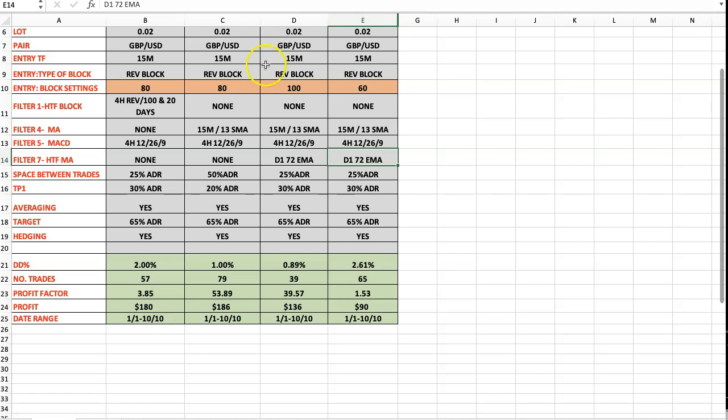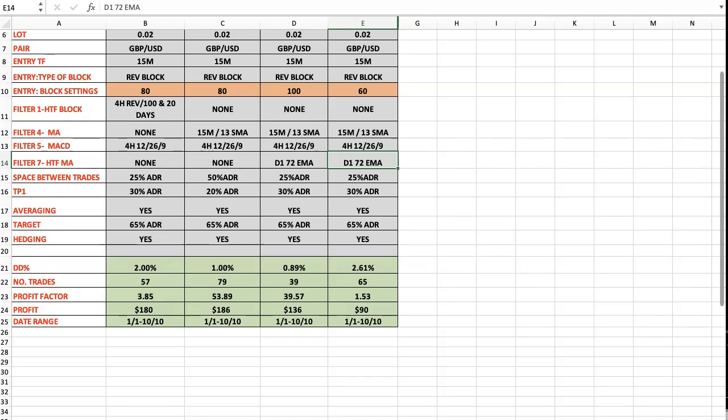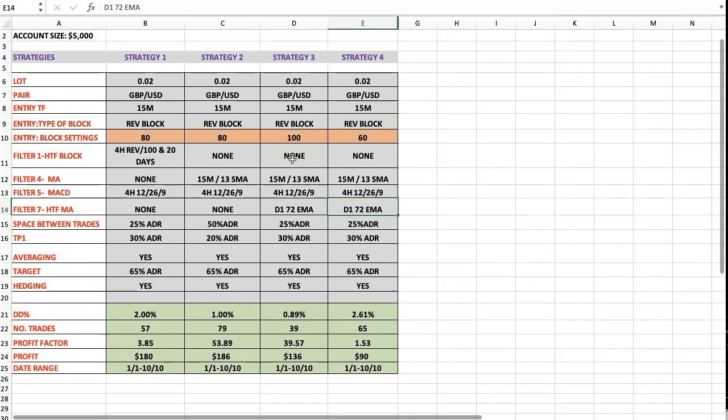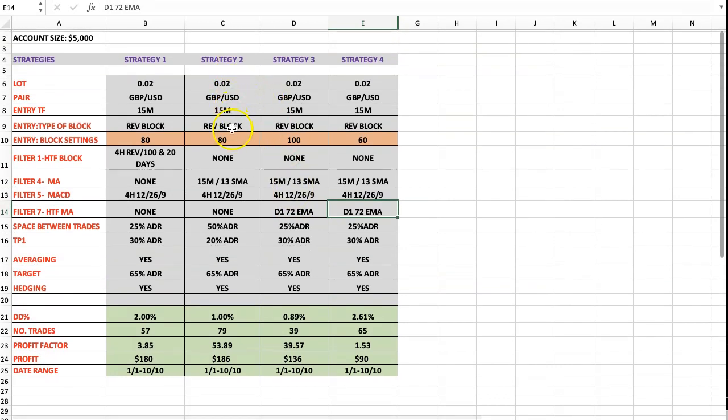Now we have a second strategy right over here. I'm not going to be using the higher time frame block. I'm now using the 15-minute 13 simple moving average as a filter, filter number 4. I left the MACD the same.